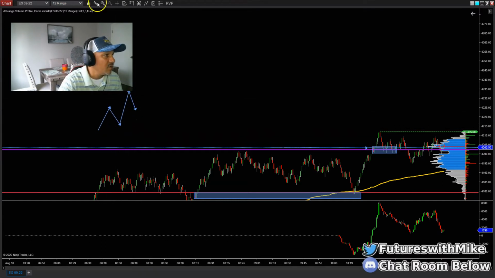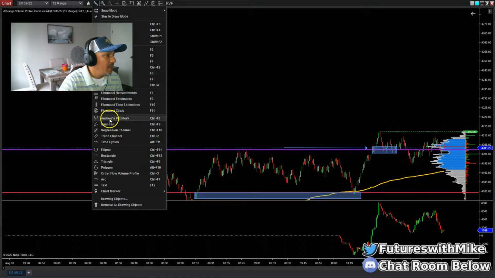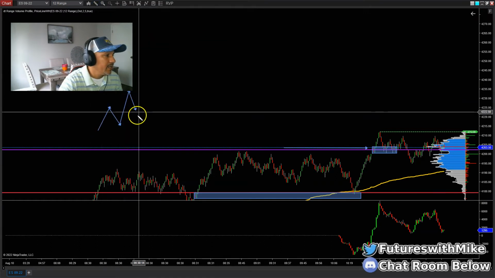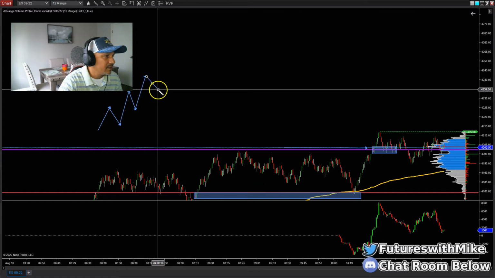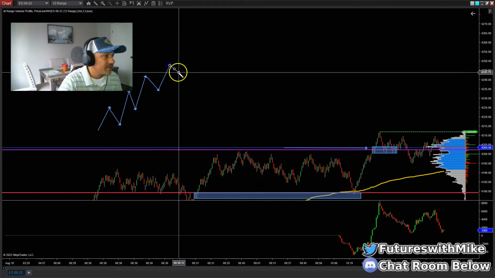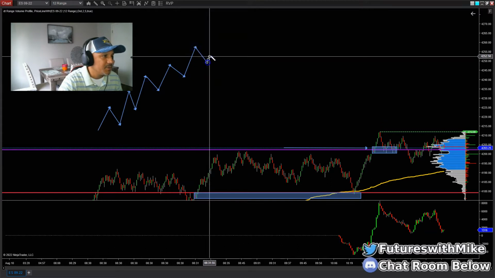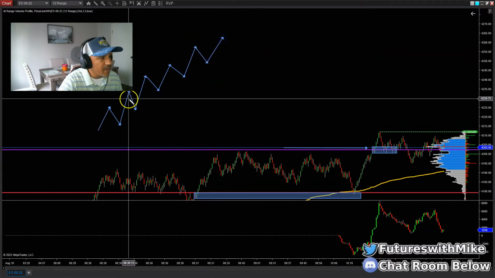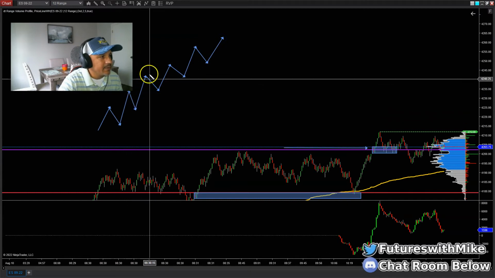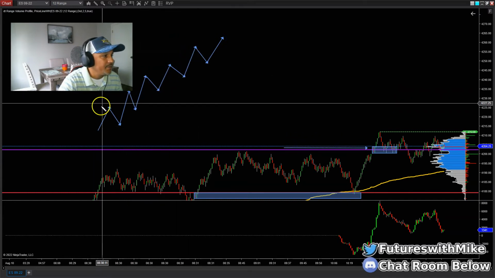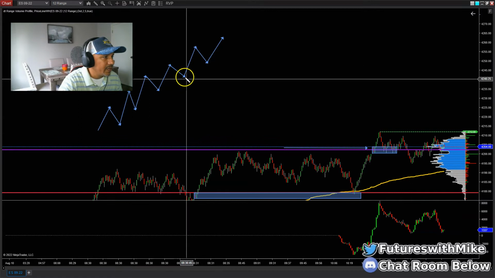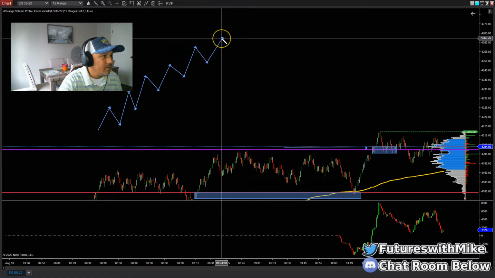But let's continue on with market structure. That's all it is, price moving to the upside. I'm trying to draw it as clearly as possible. So this is price stair stepping. Imagine stair steps: one swing, two swing, three swing, four swing, five swing, and then boom, it makes a higher high.